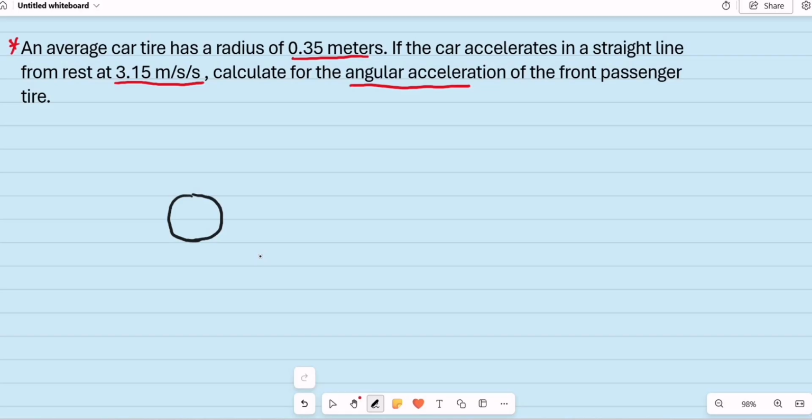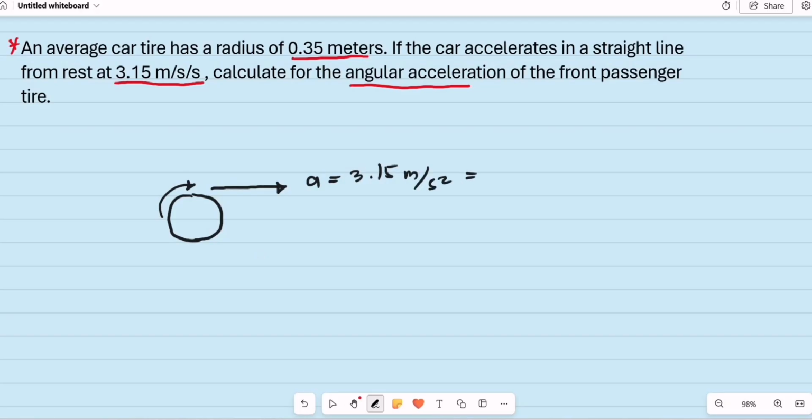Then it has an acceleration along a straight line. So the equivalent straight line motion due to the rotation of the tires, an acceleration equal to 3.15 meters per second, is the same as meters per second squared.